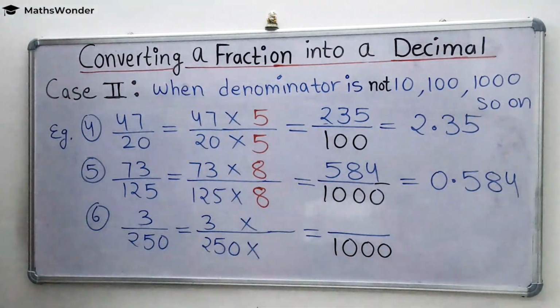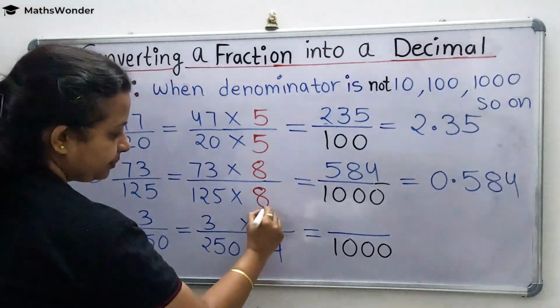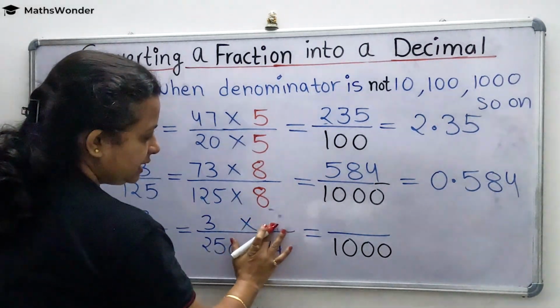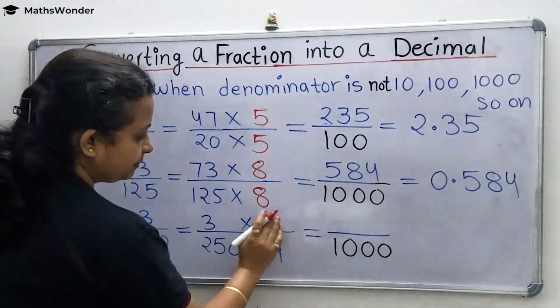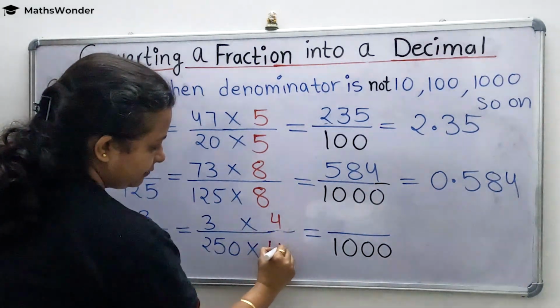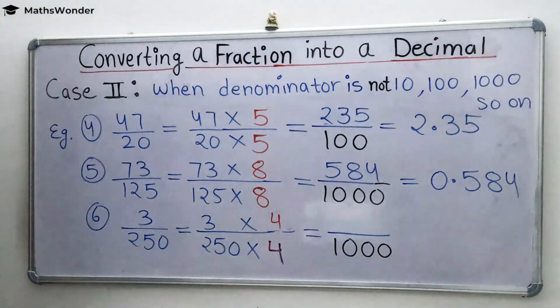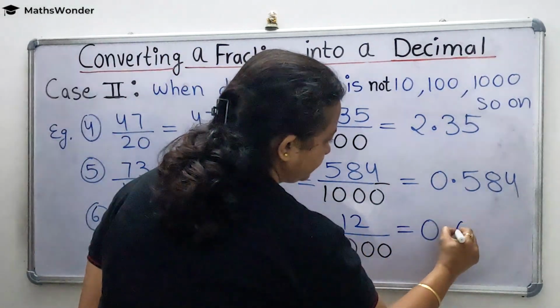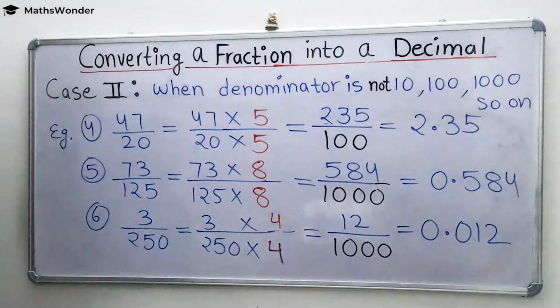So 250 times what will give 1000? You know it, 4. So 3 times 4 will be 12, and convert into decimal. Any confusion?